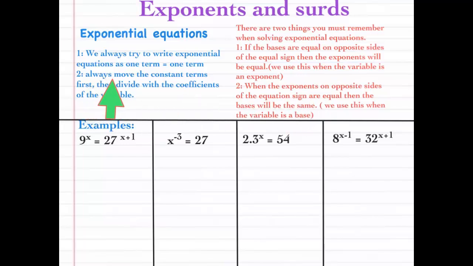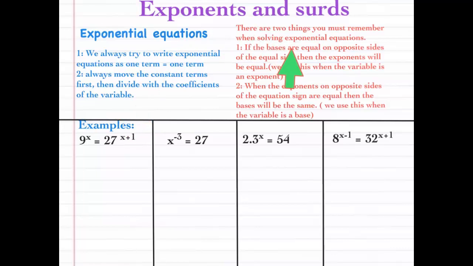Again, always move the constant terms first so that we end up with one term equals one term, and then divide with the coefficients of the variable. That's very important, and I'll show you what these blue words mean as we go through the examples.